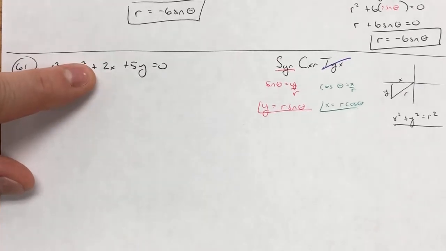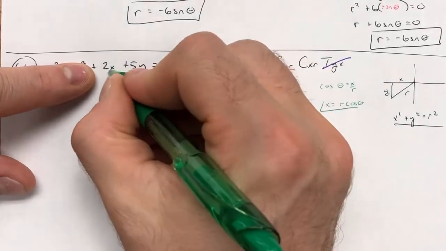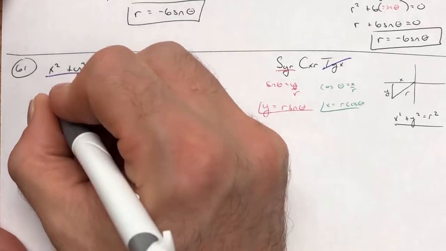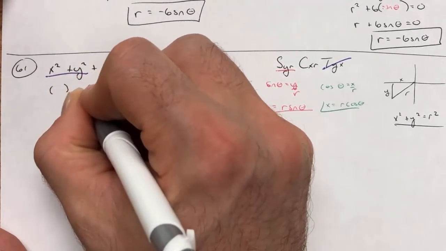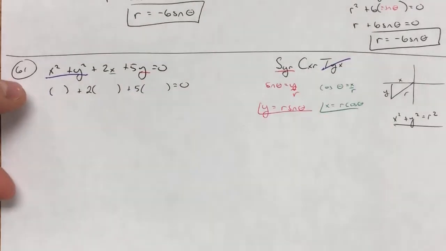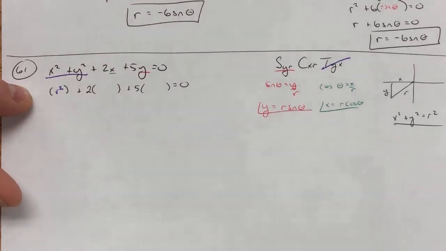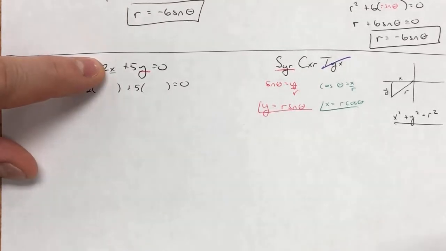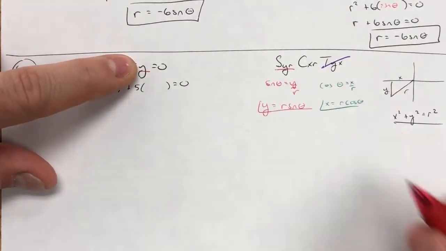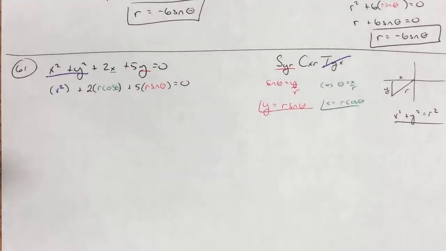I also notice that I have an x that needs to be replaced and a y that needs to be replaced. So I'm going to do 3 separate replacements all in the first go. So replacement 1 plus 2 replacement 2 plus 5 replacement 3 equals 0. X squared plus y squared we know is r squared. 2x is going to be r cosine of theta. 5y is going to be r sine of theta equals 0.